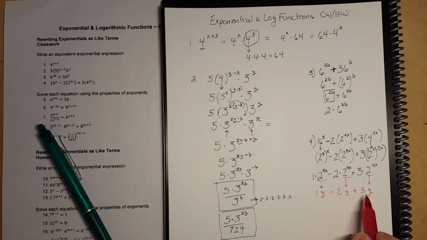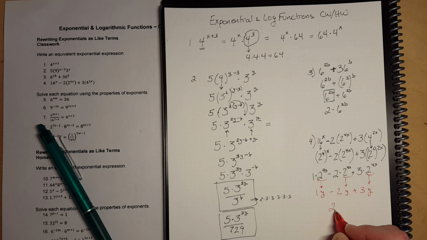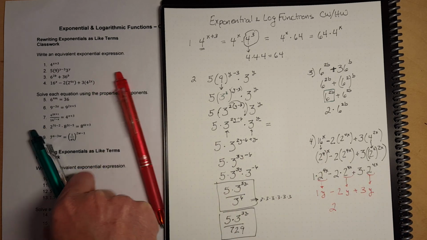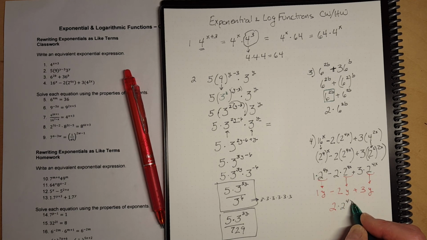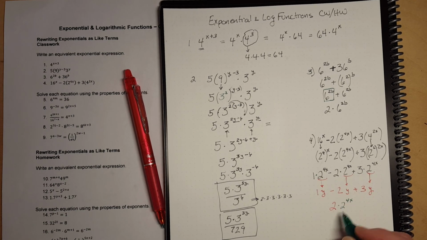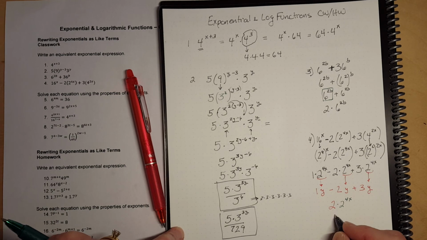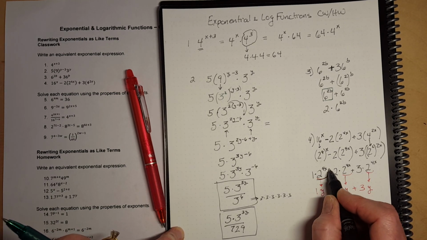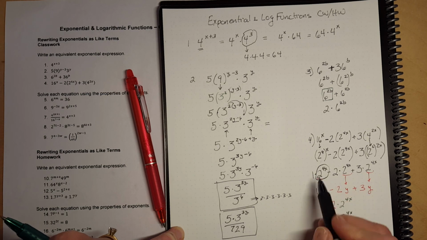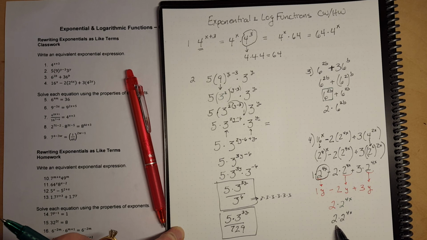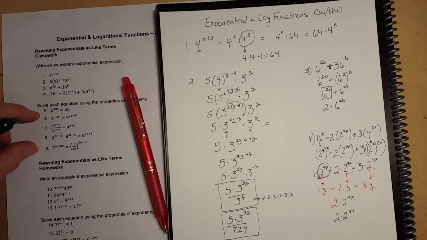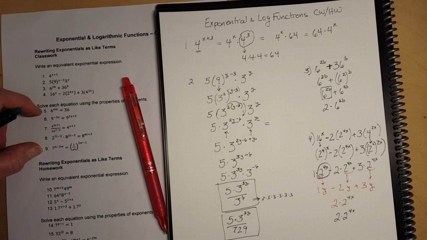And so we have 2, and then instead of it being y, it's times 2 to the 4x. And that's your answer, 2 times 2 to the 4x. So anytime you have the same base raised to a power, it's like a variable there. So you have 1 of those minus 2 of those plus 3 of those gives you 2 times 2 to the 4x.